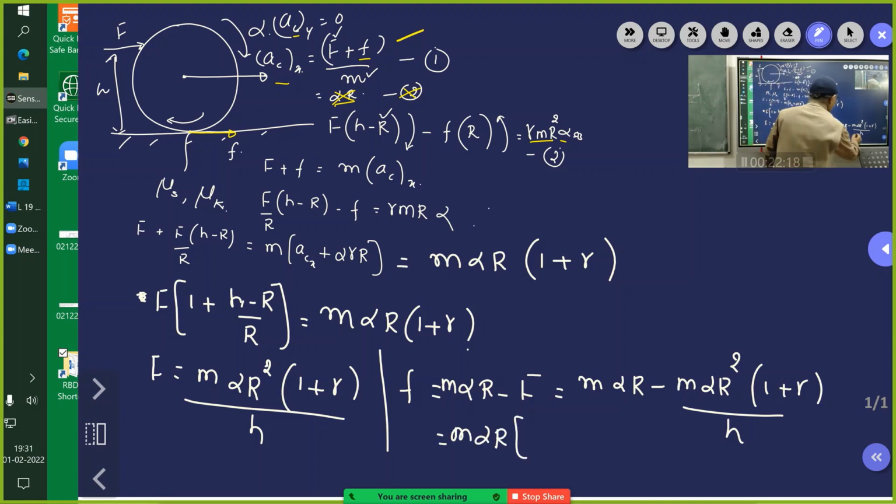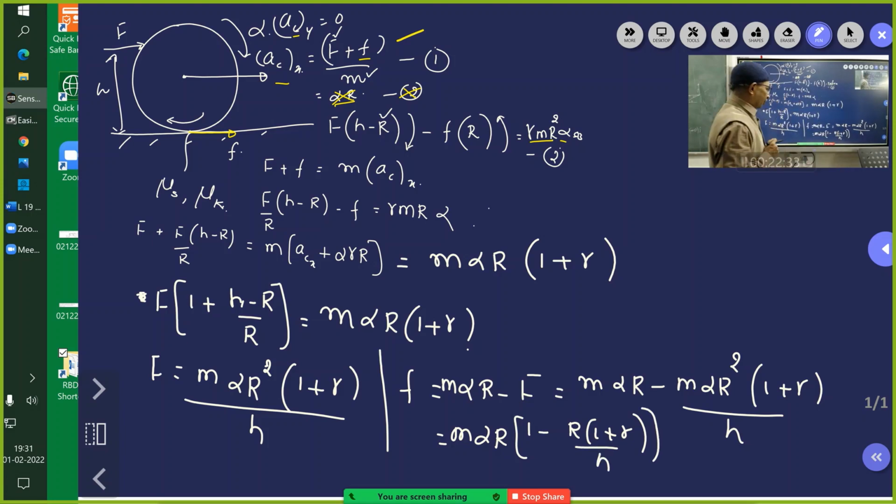This will become 1 minus R into 1 plus gamma by H. Correct? Small f is this.